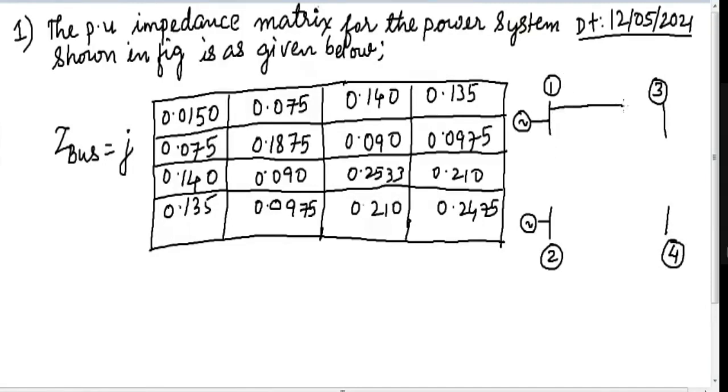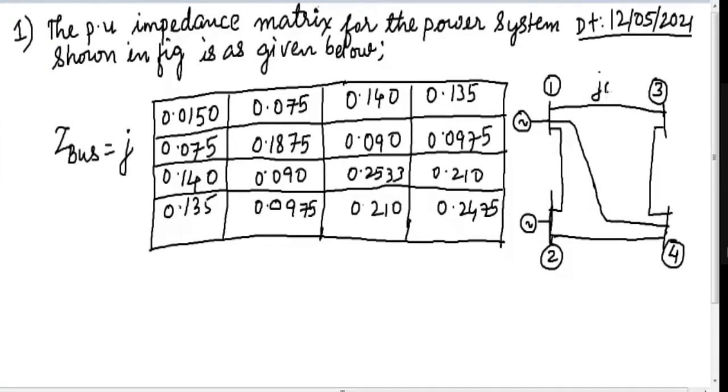Why do we require this diagram is to find the interconnections of the system, that is, with which bus the other buses are connected. For the interconnection, we require the network diagram. Okay. So in this way, the network diagram is given.